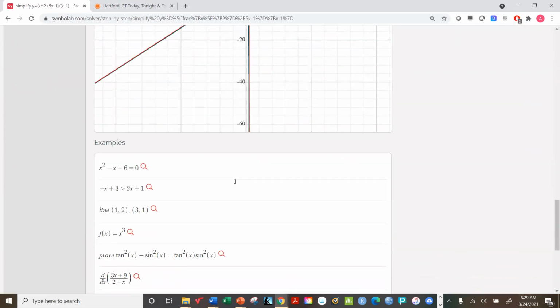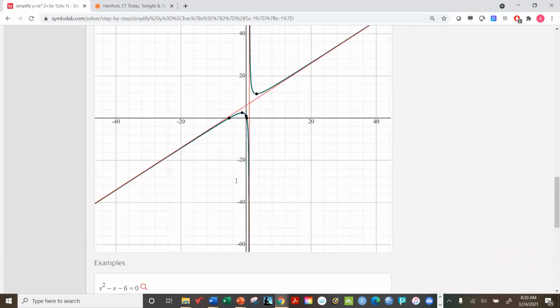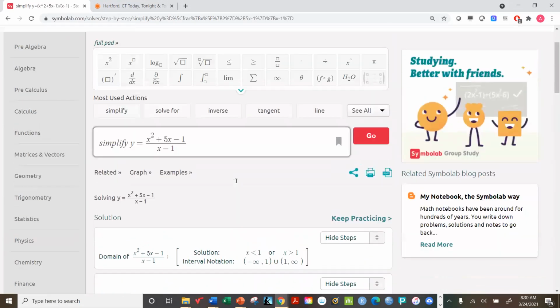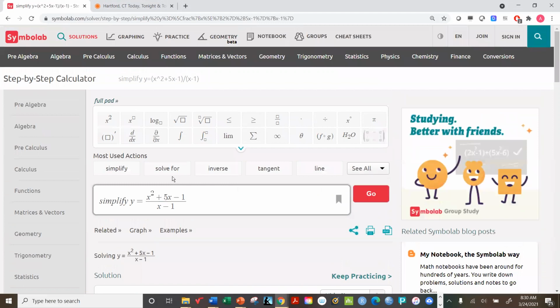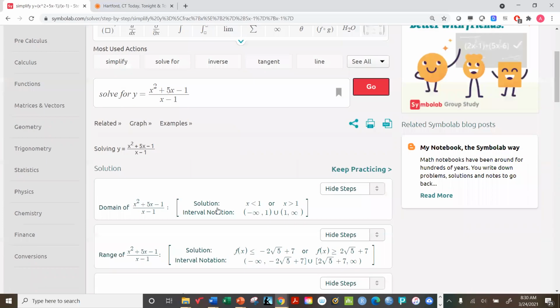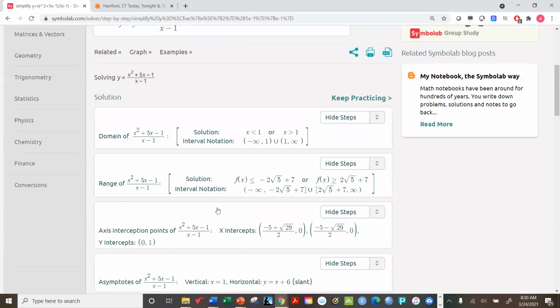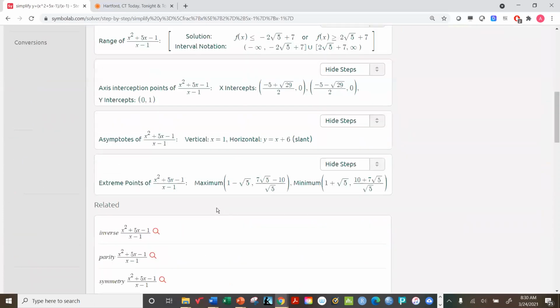That's all right. I'll tell you what, let's try this one. Let's try solve for it. It might understand now. No, I guess there's only so much it can do.